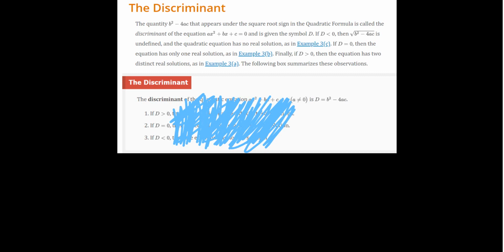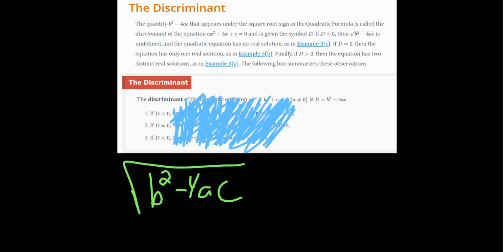So let's do just a little bit of thinking here. Looking down here, where I marked it out, just thinking about the b squared minus 4ac inside the square root. So D would be the discriminant.